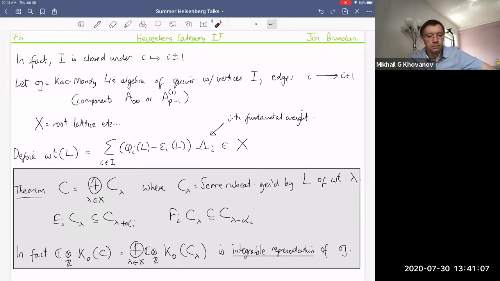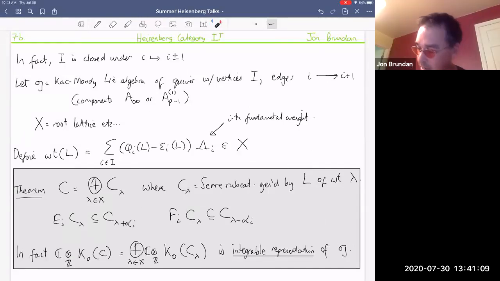So here's the theorem. For a weight lambda of this Lie algebra, define C sub lambda to be the Serre subcategory of C generated by all the irreducibles of weight lambda, where this is the definition of weight.